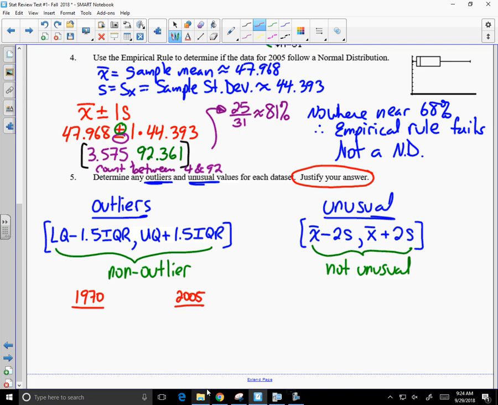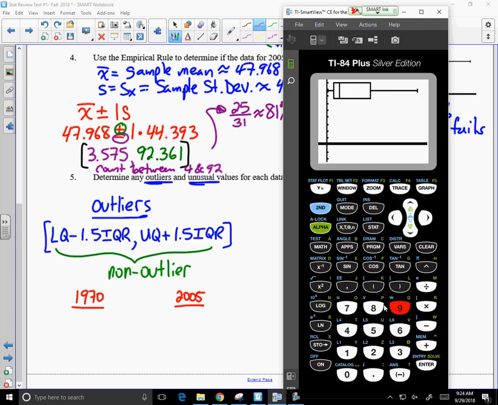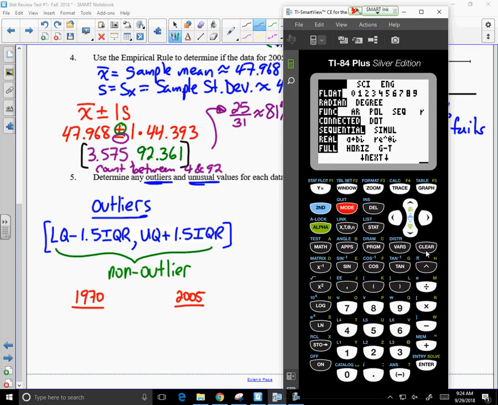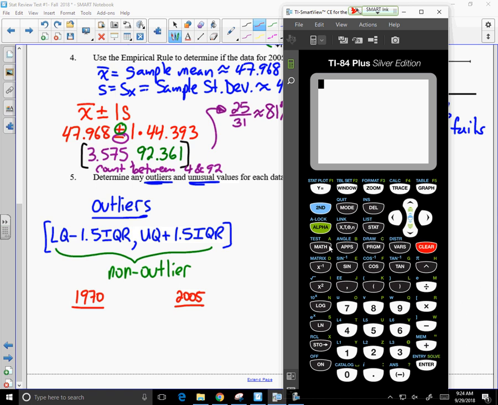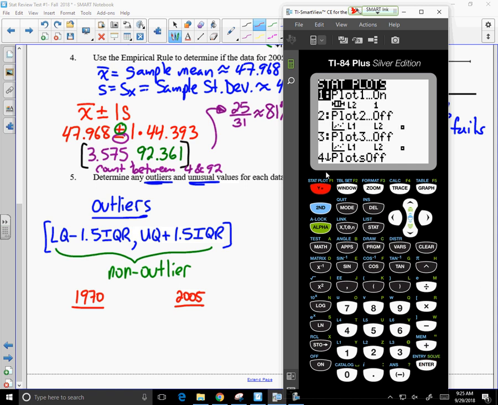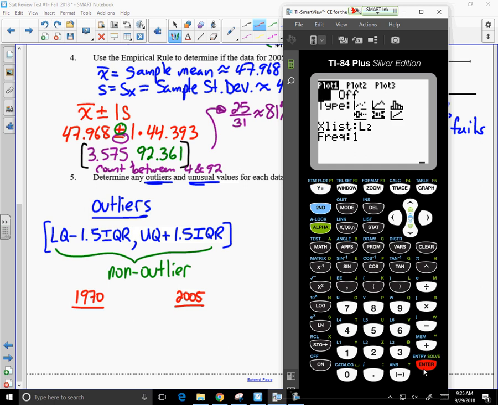So let me get into that. 1970, I'm going to create a modified box plot. So second y equals, to get us into the stat plot editor, I want plot 1, I want to turn that on. It's been on, so it's really just a matter of toggling what type of on.